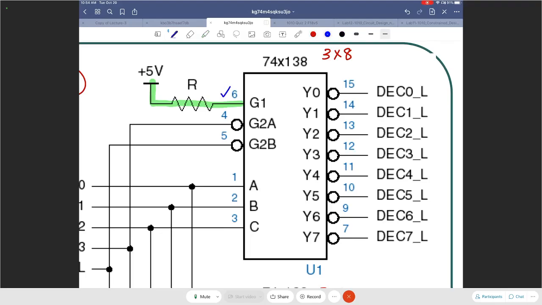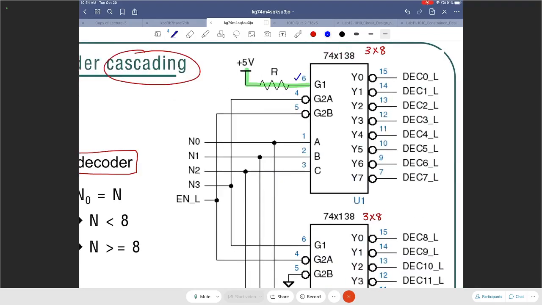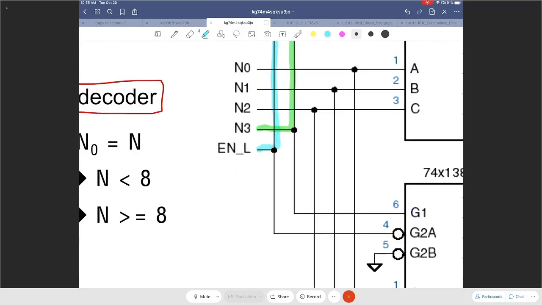G2A and G2B, the two active low enables, are actually connected to, one of them is connected to one of the inputs, N3, and the other is connected to a master enable signal, enable underscore L, which is going to be for the overall 4 to 16 decoder. So let me just write this. This is for the overall enable input, which is also active low.